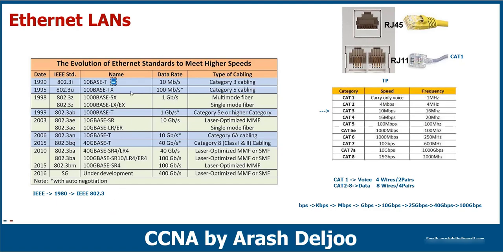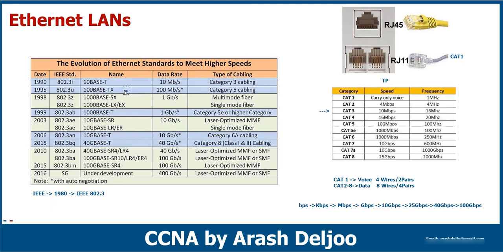I will talk about this name. 10 is the abbreviation of the speed. 10 means this category supports 10 megabit per second. Base means baseband, but I will talk about that later. And T means twisted pair. T means this category is using twisted pair, with the speed of 10, and this is baseband technology. I will talk about the baseband. Okay, this is the first standard.